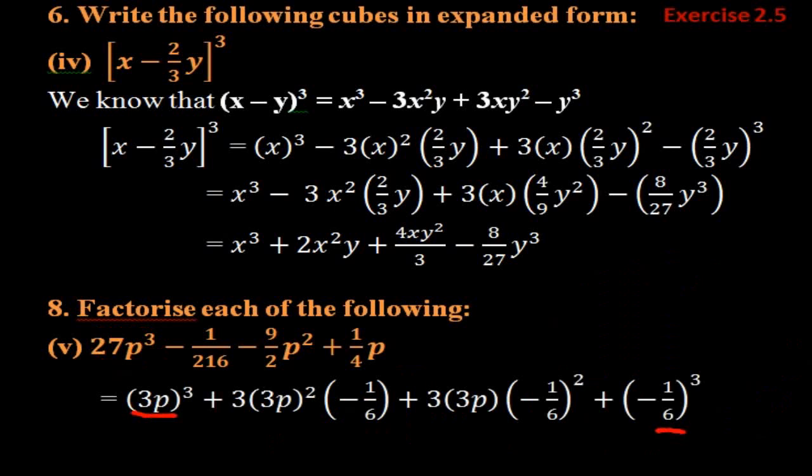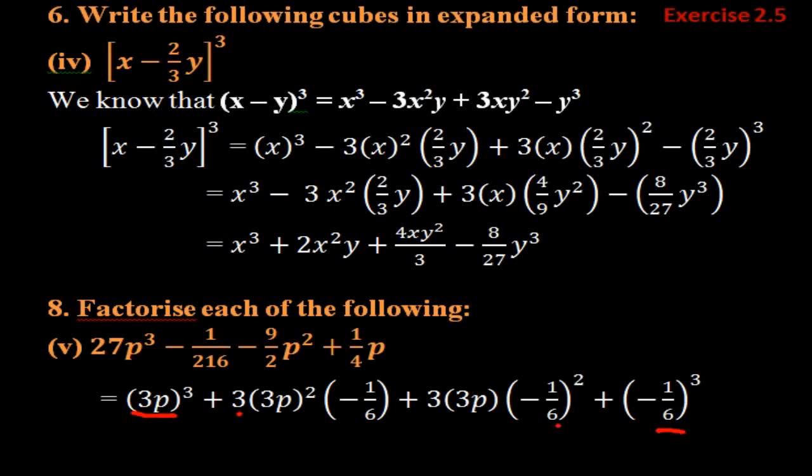Since this also is negative, I am taking negative here. Now the remaining terms should be 3 times square of this x into y, plus the next term should be 3 times first term into square of this second term of the identity (x plus y) whole cube. Is it or not? The y term.